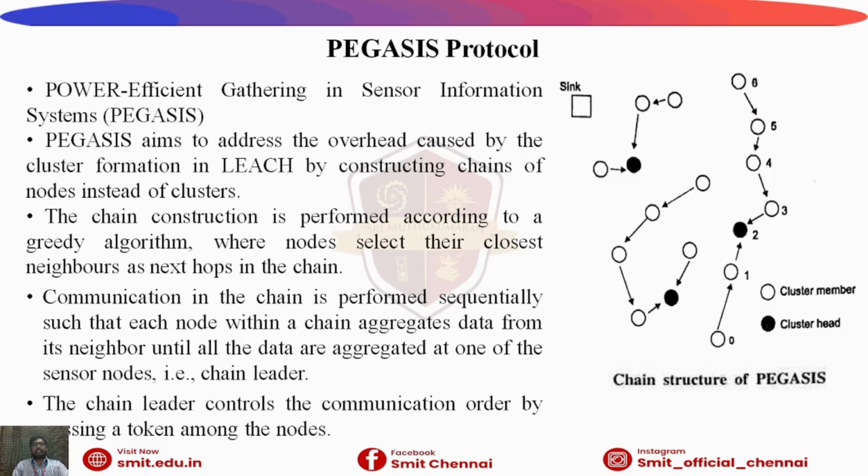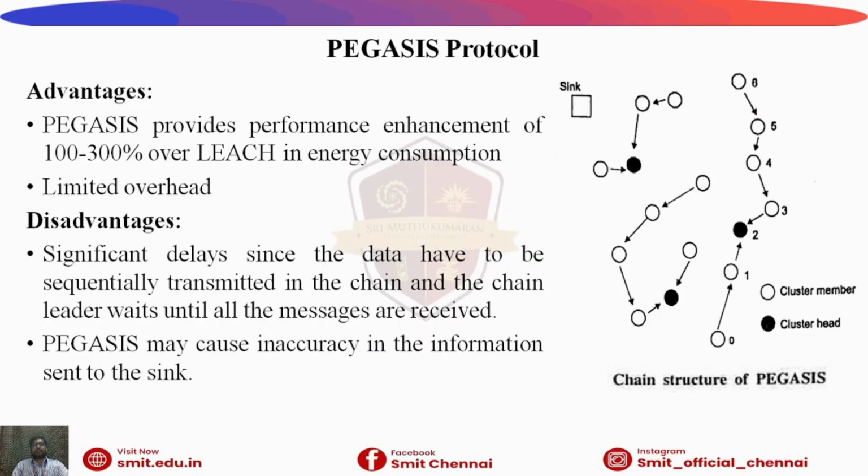Data is aggregated sequentially and sent to the sink via a chain leader. Advantages of using the PEGASIS protocol are 100 to 300% energy improvement over LEACH and low overhead, and disadvantages are high delay and possible data inaccuracy.